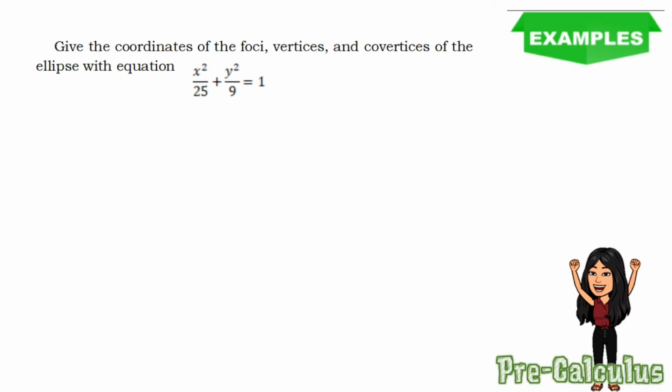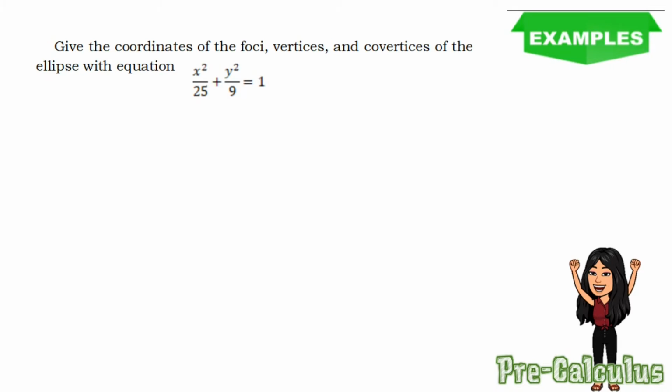Let us now have our example. For our example number 1, let us give the coordinates of the foci, the vertices, and the covertices of the ellipse with the equation x squared over 25 plus y squared over 9 is equal to 1. First, let us identify what kind of graph this has. Is this ellipse vertical or horizontal?